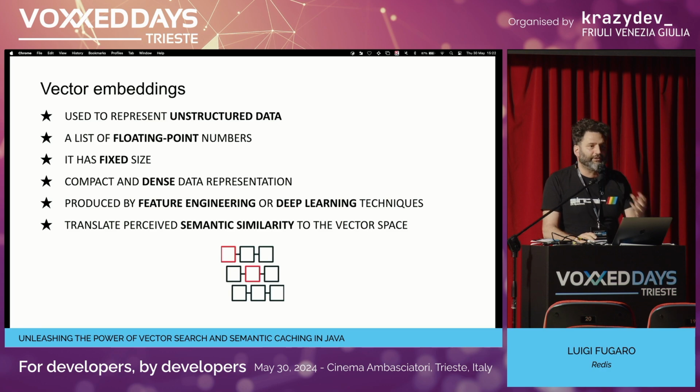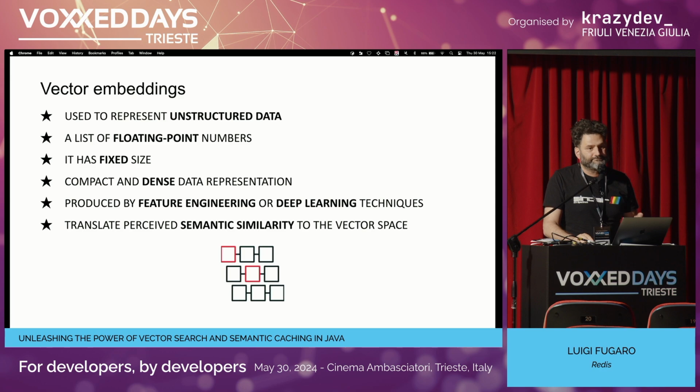All the other data is classified as unstructured data, like images, video, audio, anything that doesn't have a structure immediately. And vector embeddings are a list of numbers, to be precise, floating point numbers. That means floats of 8 bits, 16 bits, 32 bits, 64 bits. It depends on the precision that you want within your vector embeddings. The more the precision, the more the accuracy of representing the data, and of course, the more the footprint in memory.